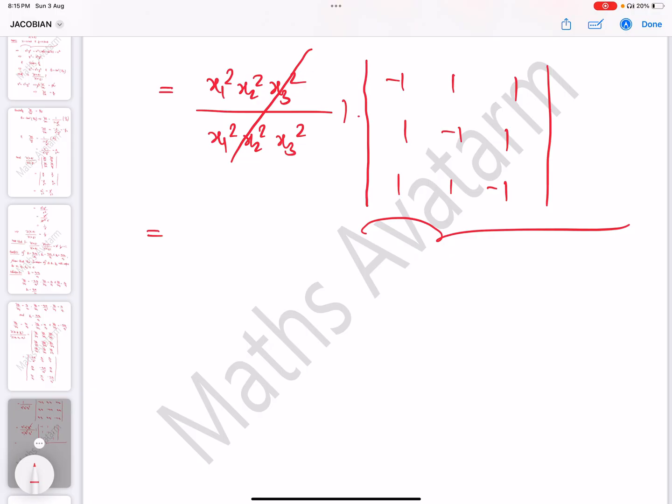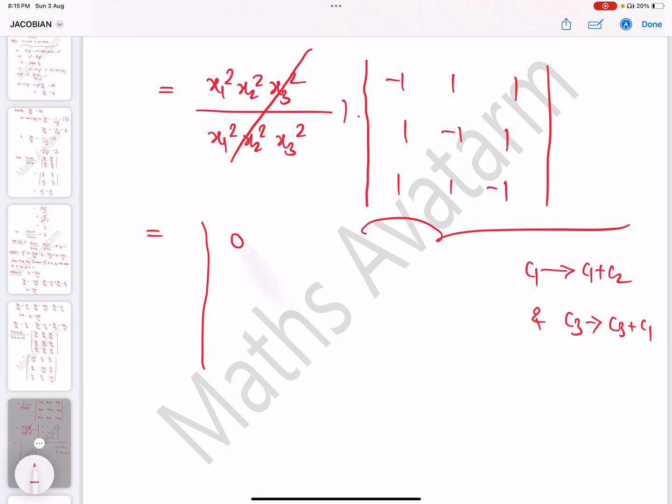I will add the second column to the first one, meaning C1 becomes C1 plus C2, and C3 becomes C3 plus C2.